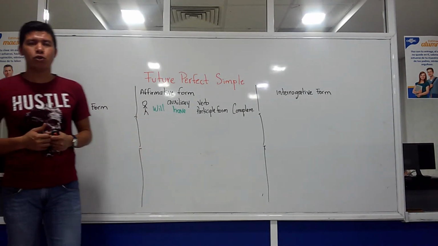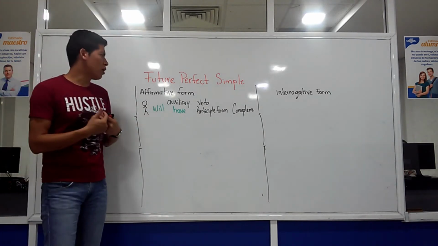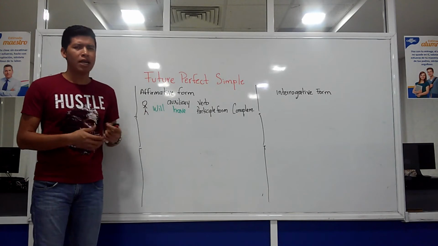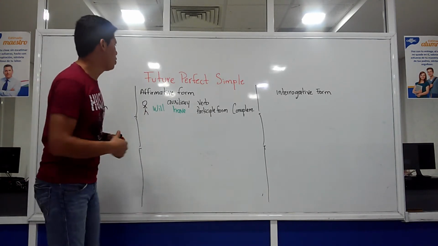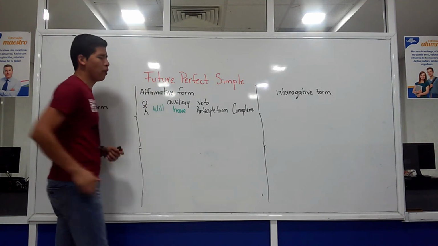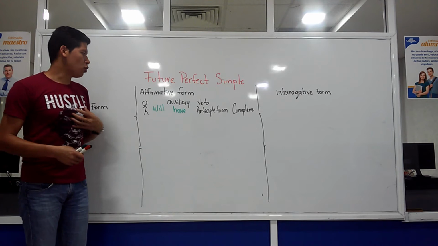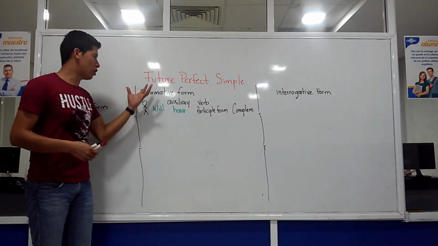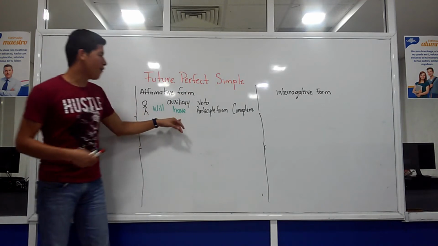This is very easy to use, okay? Because before we covered the present perfect simple, and right now let's see the structure and the use of the future perfect simple, okay? It is future, so we have to use will, and because it's perfect, we are going to use have.